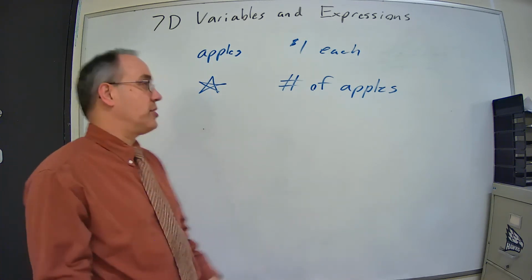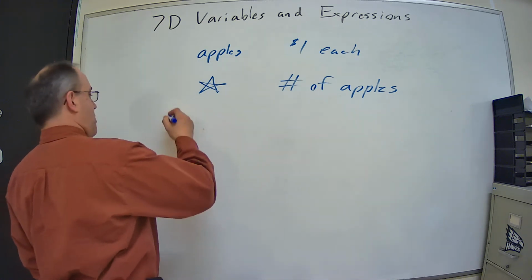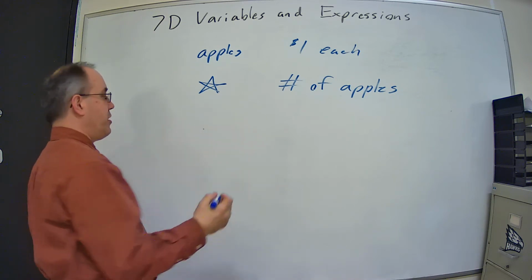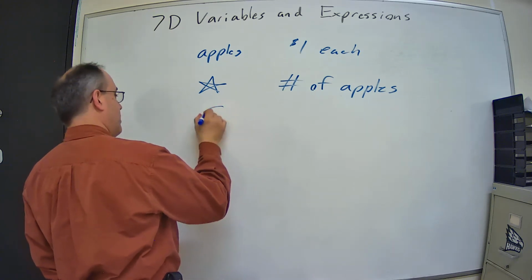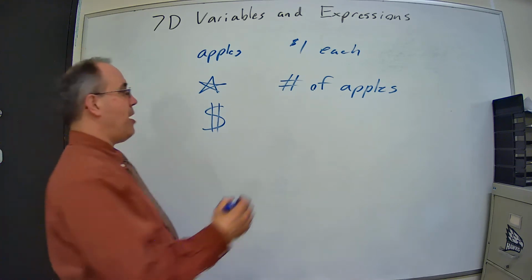So I could write an expression that says the amount paid, and I'm going to put another thing there. Let's put a heart. No, let's put a dollar sign. There we go. We'll do the fancy double line dollar sign. So that's amount paid.